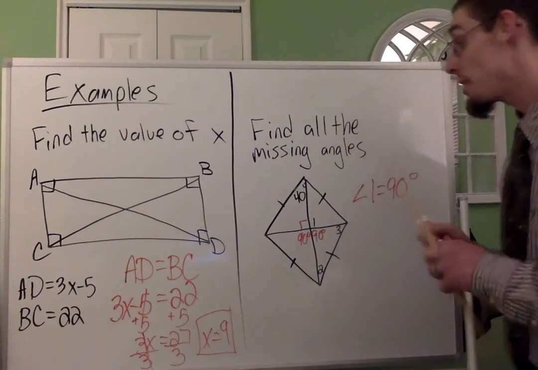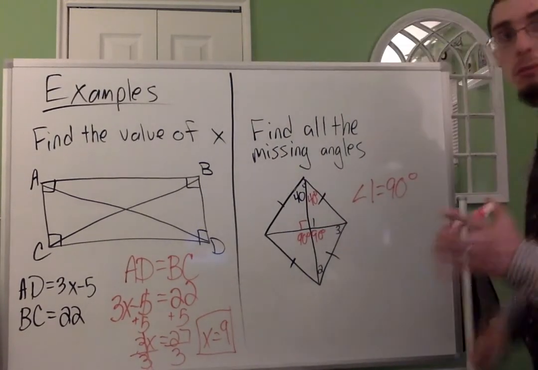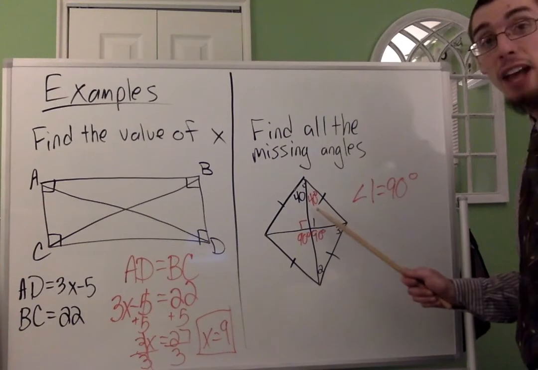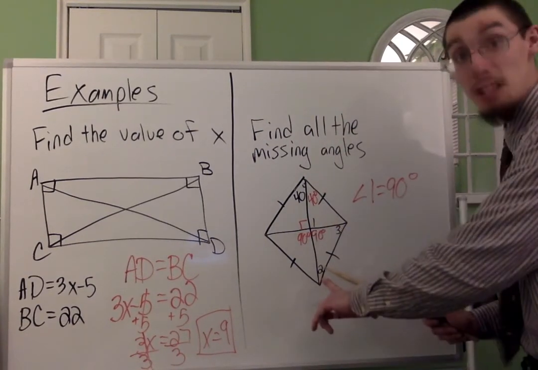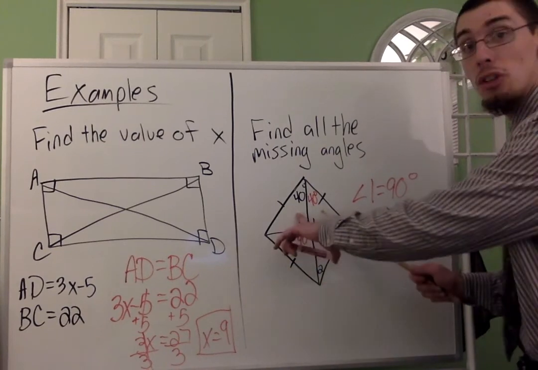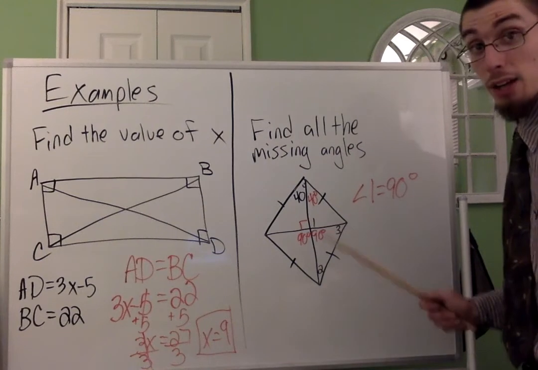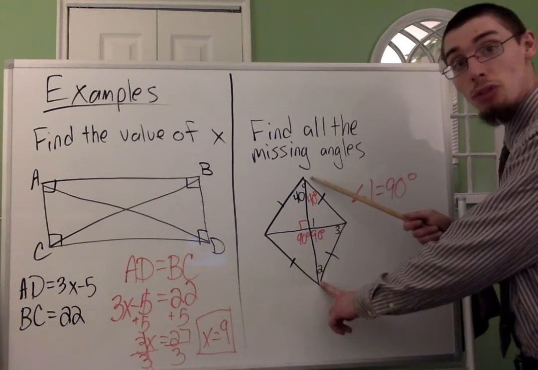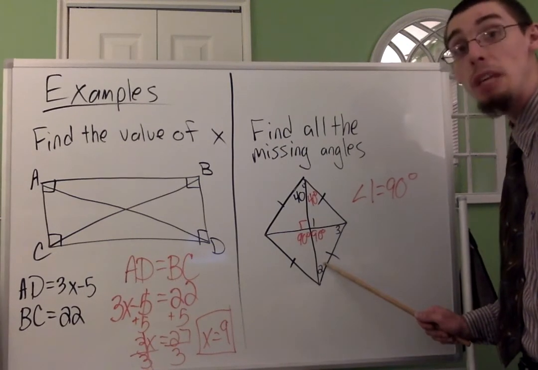Wouldn't that mean that this angle over here is also 40, right? Both of these angles are going to be 40 degrees because it was divided in two equal parts, which means two equal angles. And guess what? These two angles are the same, which means both of these would also be 40.